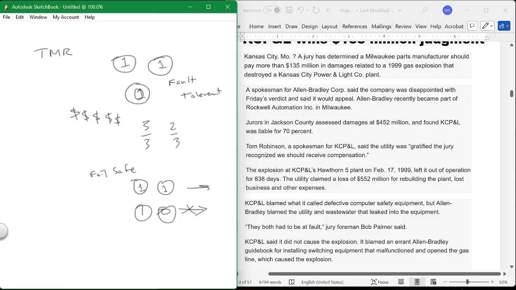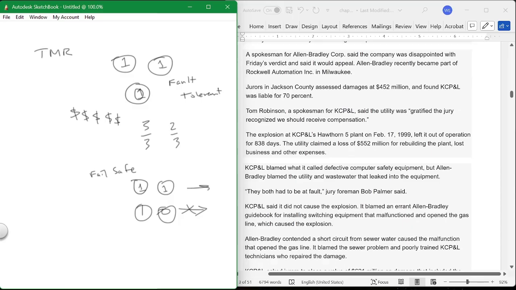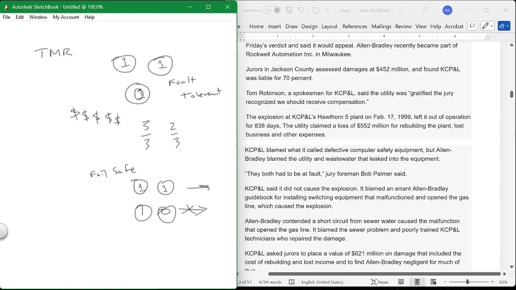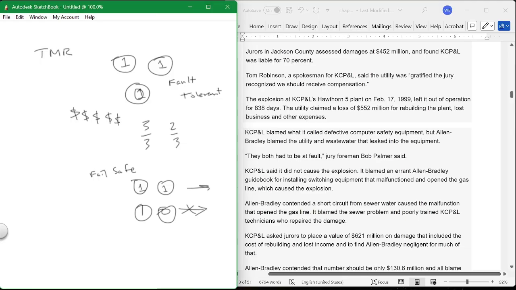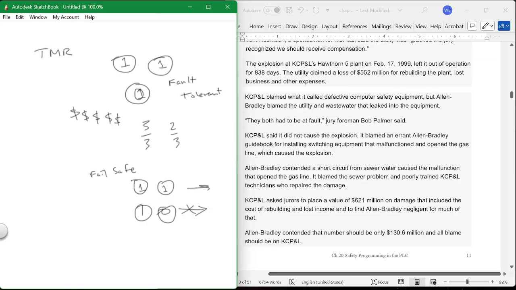Two or three people got killed. It blamed an errant Allen Bradley guidebook for installing switching equipment that malfunctioned and opened the gas line, which caused the explosion. Allen Bradley contended that a short circuit from sewer water caused the malfunction and opened the gas line. It blamed the sewer problem and poorly trained KCP&L technicians who repaired the damage.